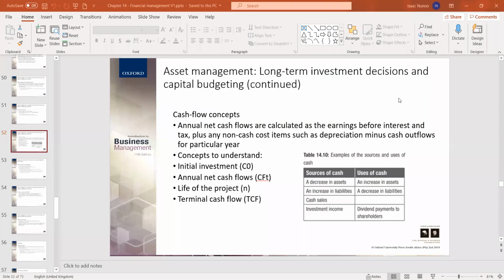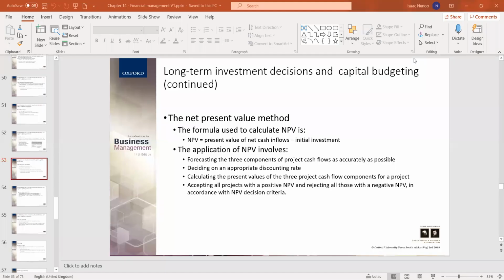So for evaluation purposes, we can have a net cash flow, and the net cash flow will have to go through these levels. That is the initial investment represented by C0, the annual net cash flow over the lifetime of the project, and the terminal flow of the business. So one way of estimating the cash flow is to use the net present value.